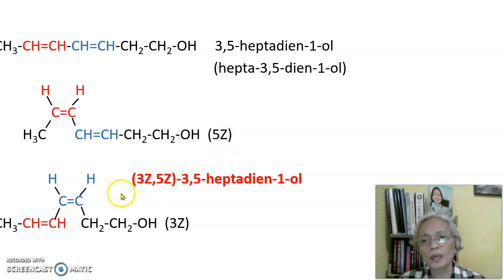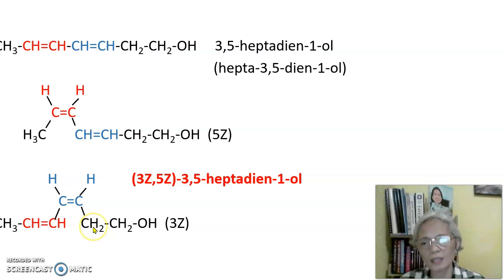Okay? Now for carbon number 3, since this is carbon number 1, 1, 2, 3, 4, 5, we compare the substituents on carbons 3 and 4.